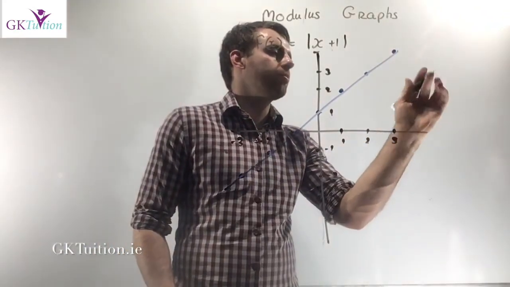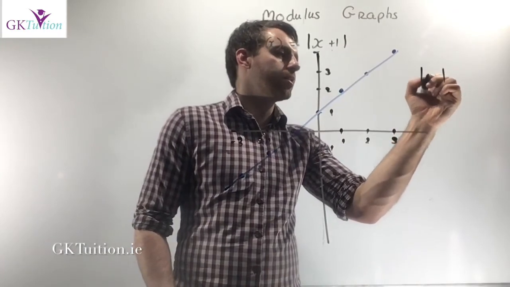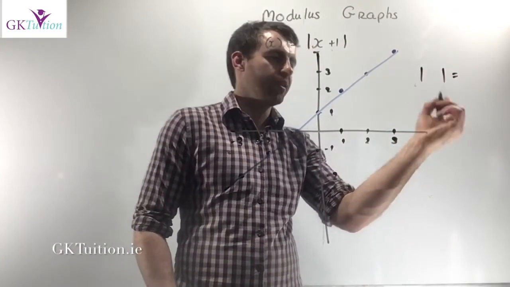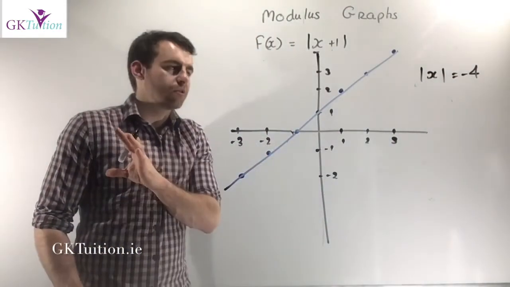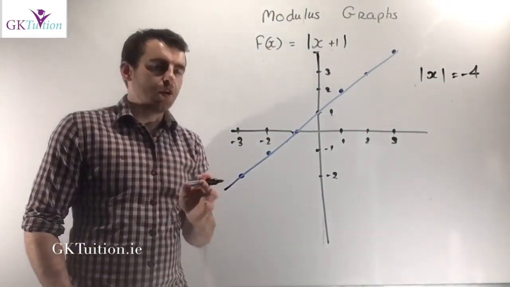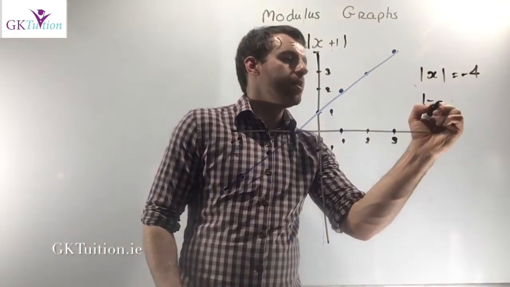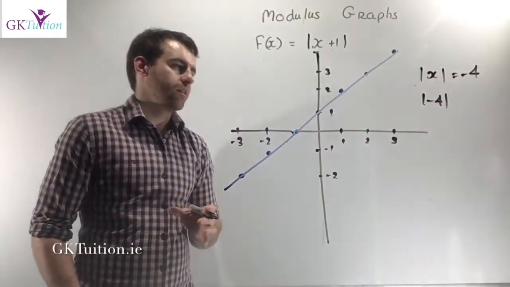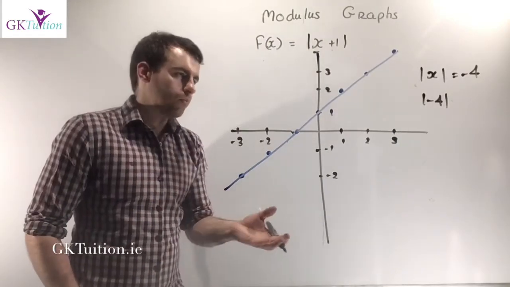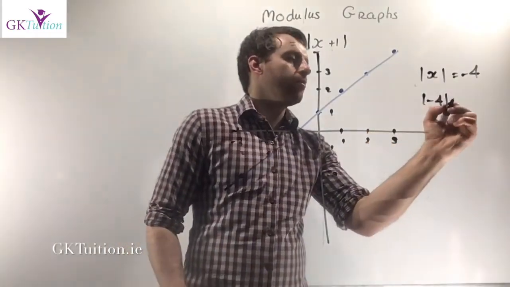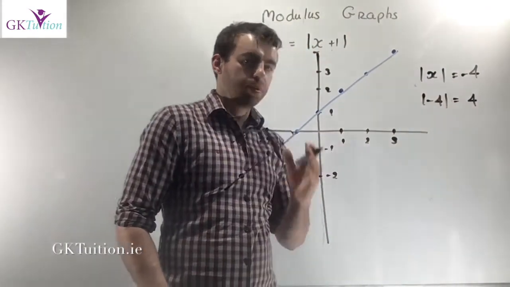It's impossible for me to say that the modulus of something is equal to a negative value. I cannot have the modulus of x being equal to -4. It's just not possible. It's okay for me to have a negative thing in the modulus. If I have the absolute value of -4, then that's fine. There's nothing wrong with that, because the absolute value of -4 is in fact equal to +4.